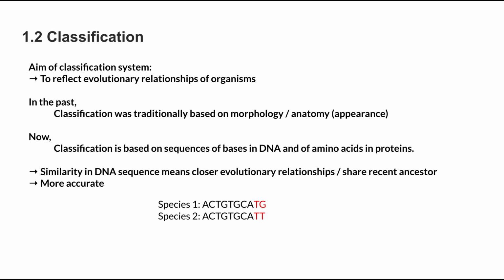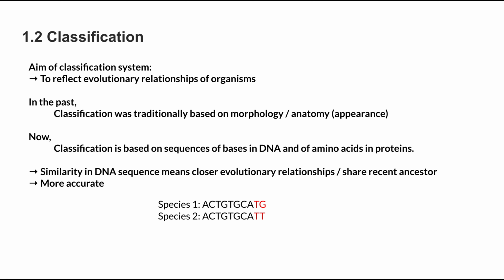The aim of a classification system is to reflect evolutionary relationships of organisms. In the past, classification was traditionally based on morphology and anatomy, which basically means appearance and outward features. But now, classification is based on sequences of bases in DNA and of amino acids in proteins. Similarity in DNA sequence means closer evolutionary relationship and sharing of a recent ancestor.